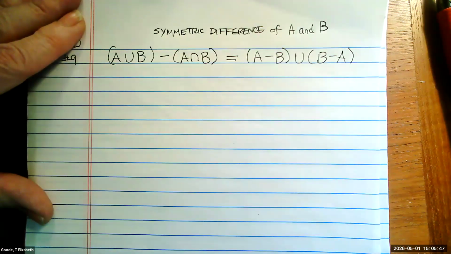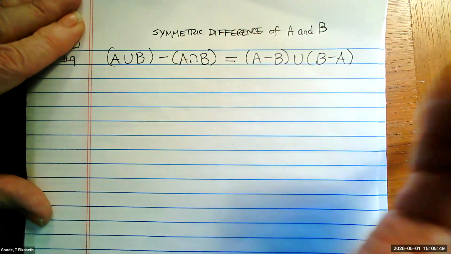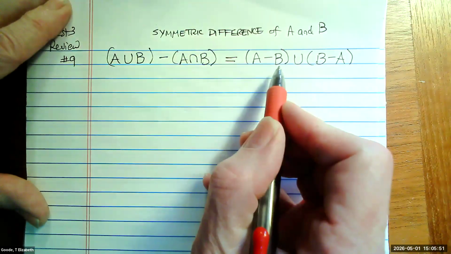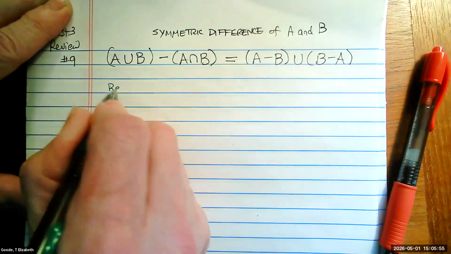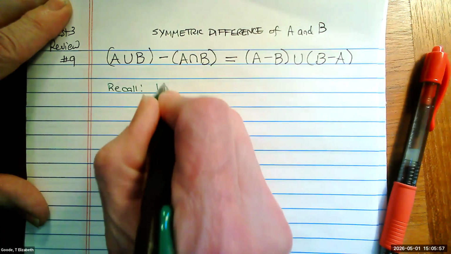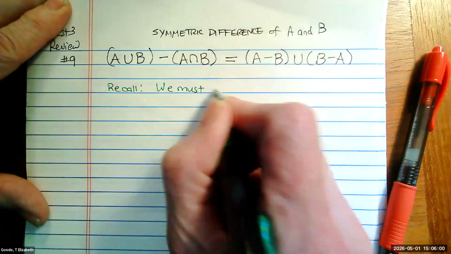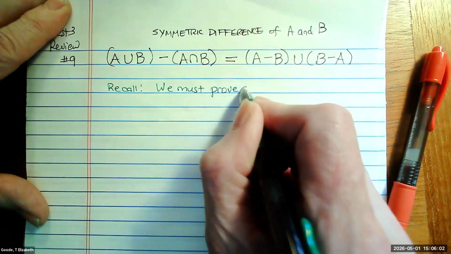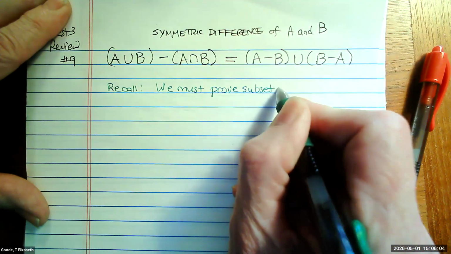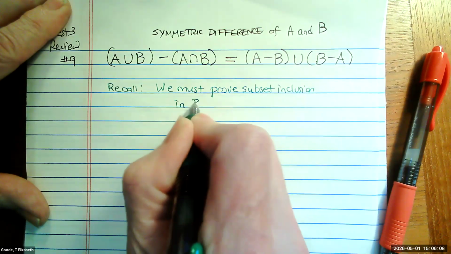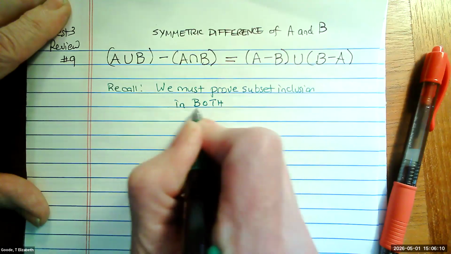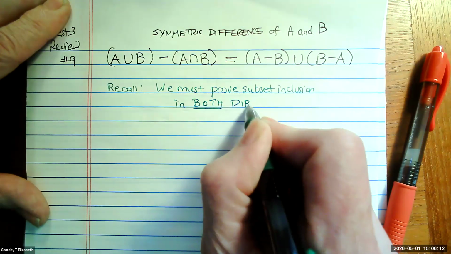We proved one of these. To prove set equality, just recall we must prove subset inclusion in both directions.